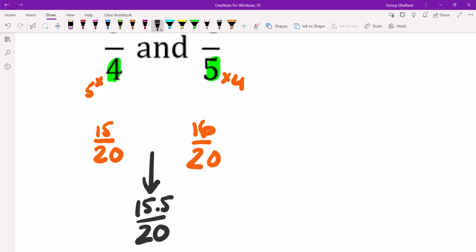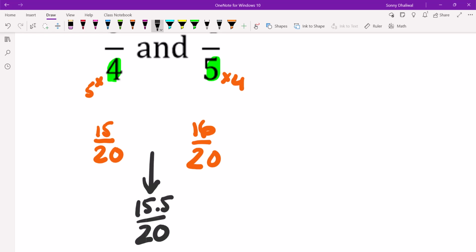Now that is a valid number. Unfortunately, that is not a rational. Because the way a rational looks like, a fraction, you need to have a whole number over top of a whole number. But this is the valid number. This is the number in between. So we just need to convert this to make it look like a fraction the way we want it. An easy way to get rid of a half is just to multiply it by 2.